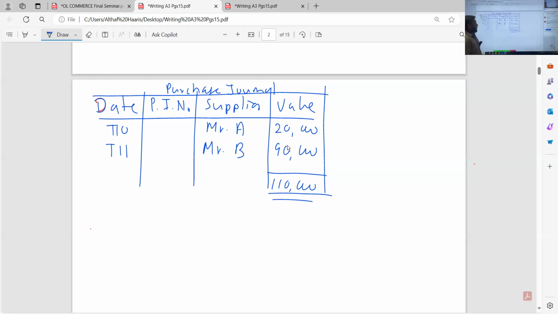Total value transferred to which account? Kianda? For the purchase account. Transferred to the purchase account. If not you can write debited to the purchase account. Everything is correct.